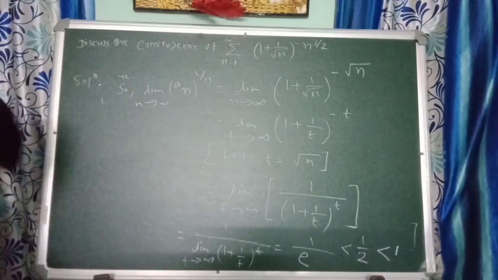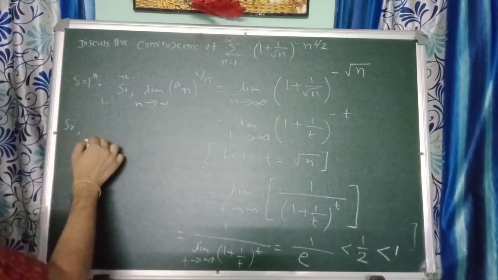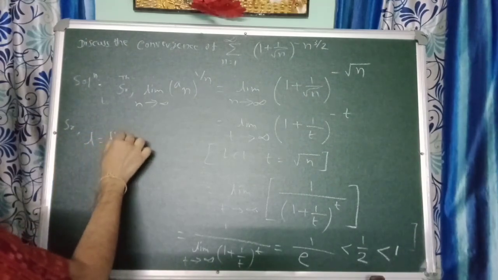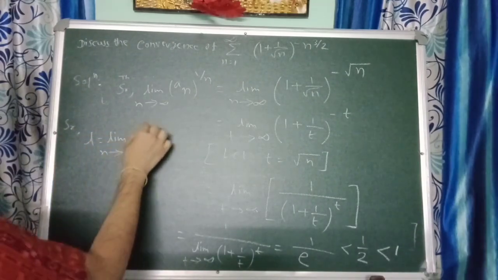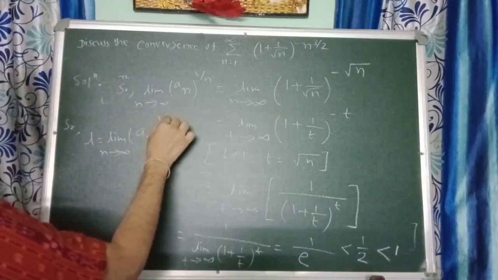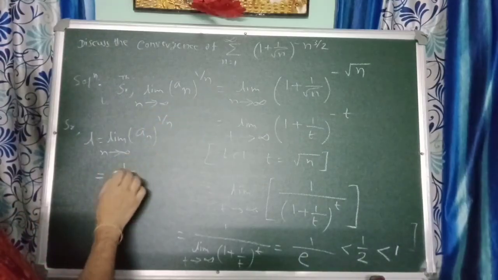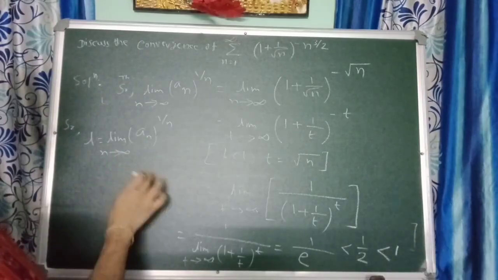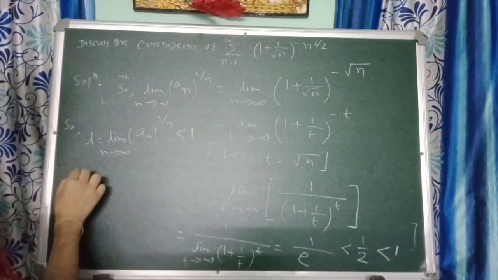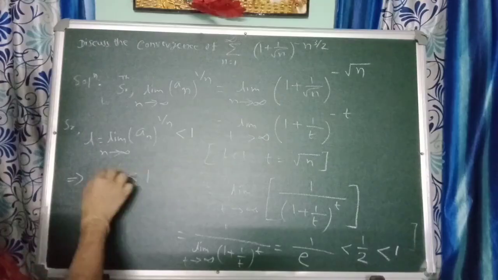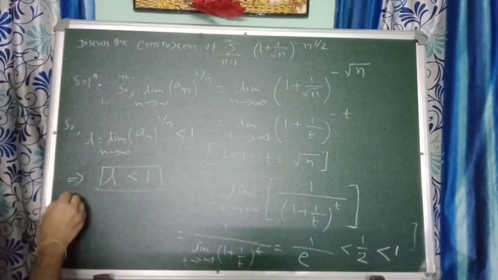So we finally have limit n tending to infinity a_n to the power 1 by n is 1 by e, which is less than 1.